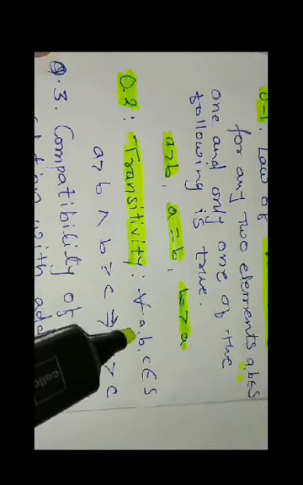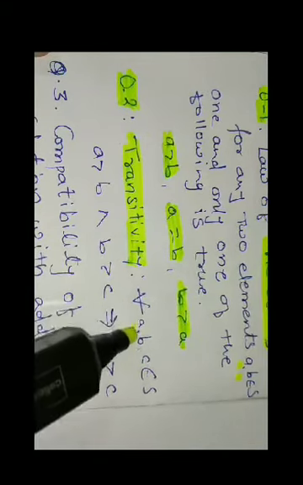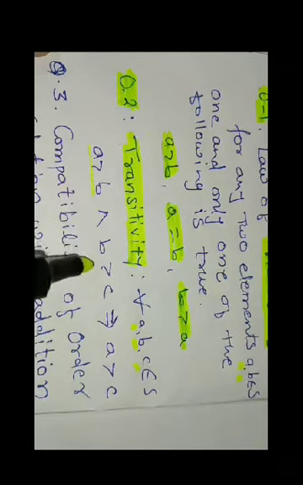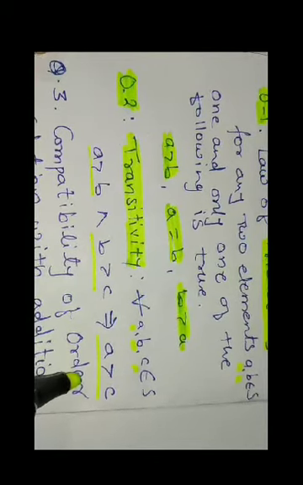So here, for any A, B, C belonging to S, three elements of the set S, if A is greater than B and B is greater than C, then A must be greater than C.